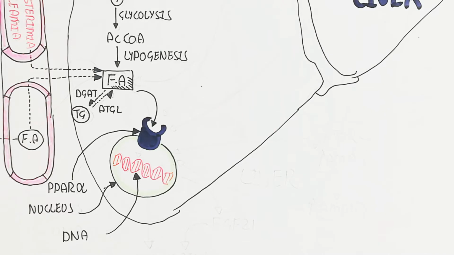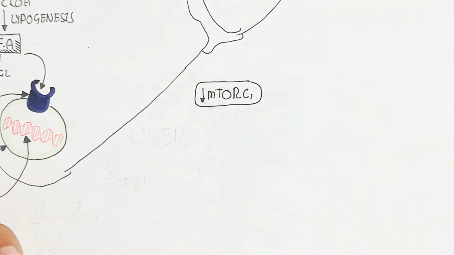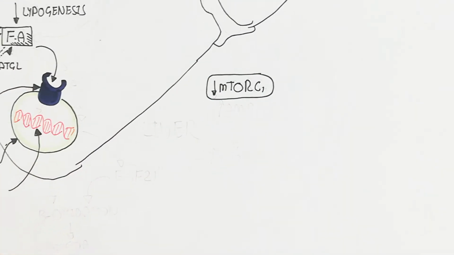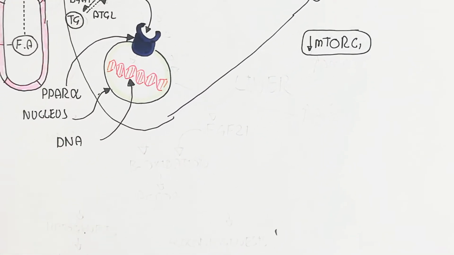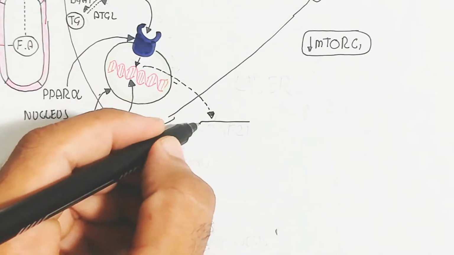In this way, PPAR alpha is present as a nuclear receptor, here is the nucleus containing DNA. Remember, it is stimulated by fatty acid. Why the stimulation is required and how it changes the physiology, we will discuss now.